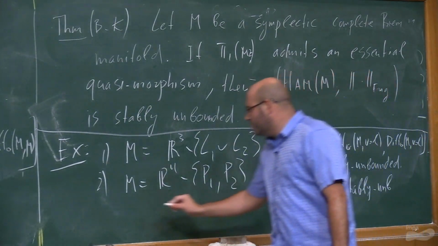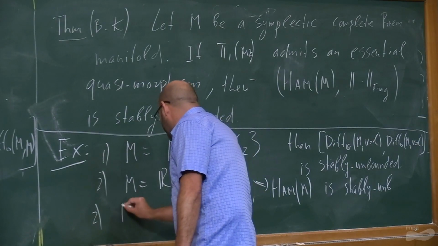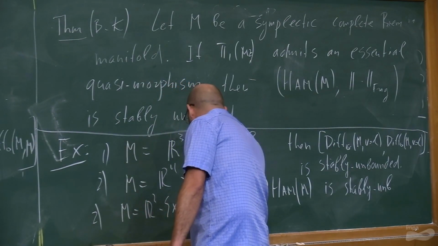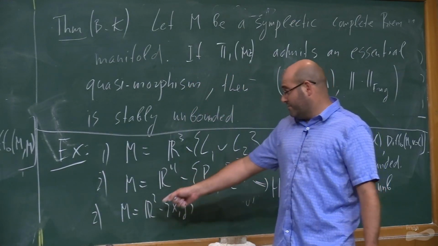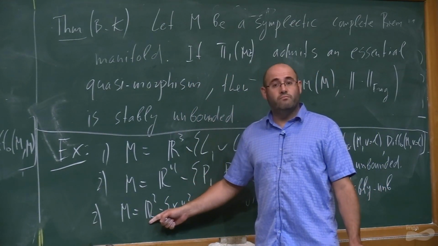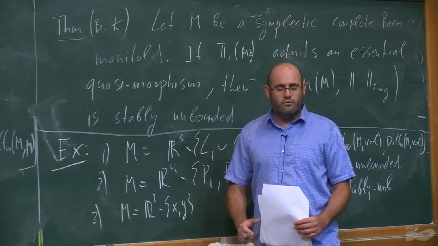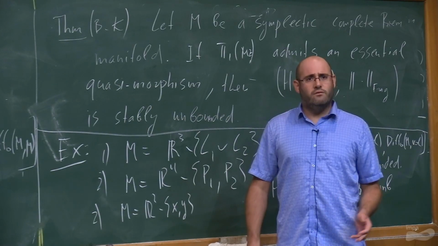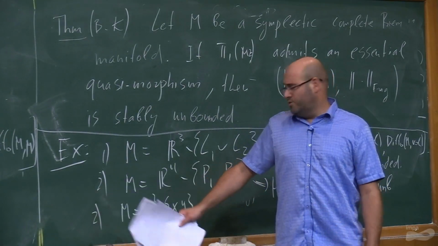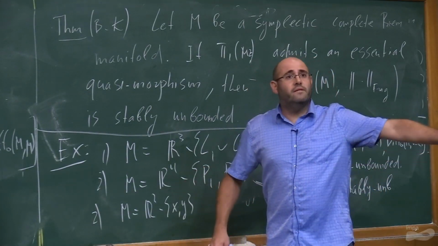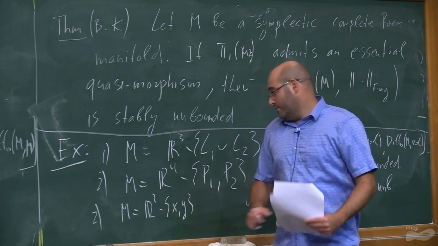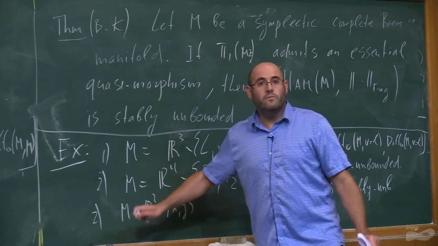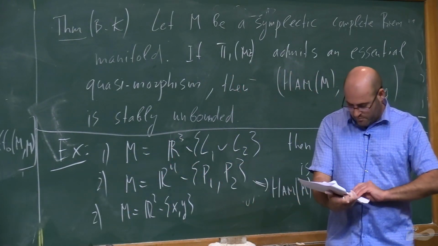The known result that we prove is, again, if you take M equals R2 minus 2 points X and Y. The fact that the fragmentation norm is stably unbounded can be deduced from the work of Zapolsky, Večeří, and Mosner. But again, their methods are completely different. And the fact that the Hofer norm is stably unbounded is due to Seeberg and Polterovich. Okay, so those are the examples.